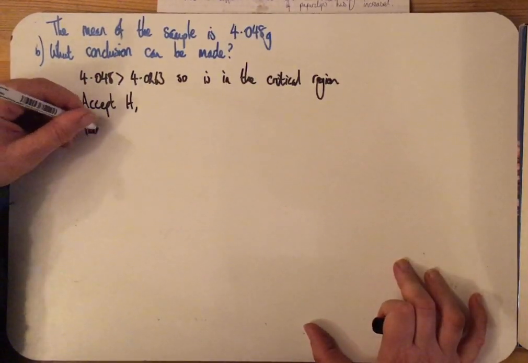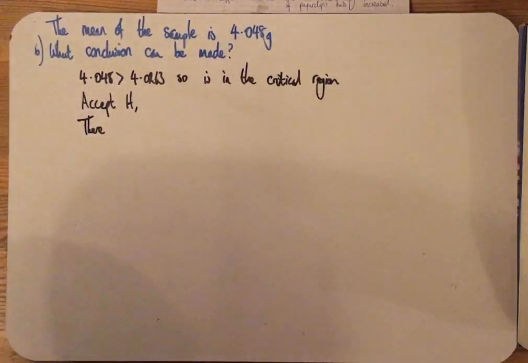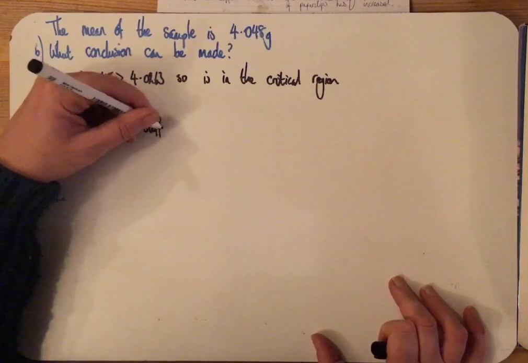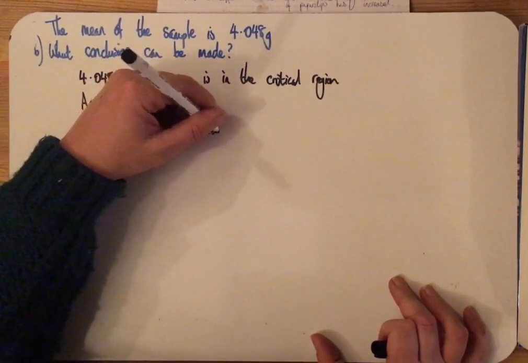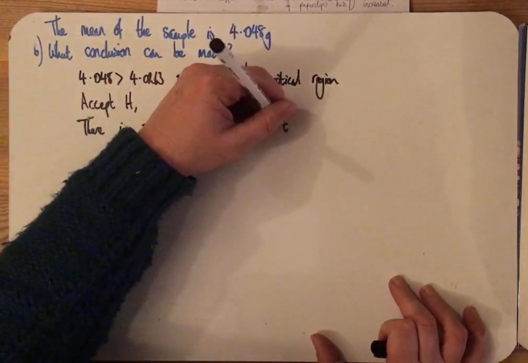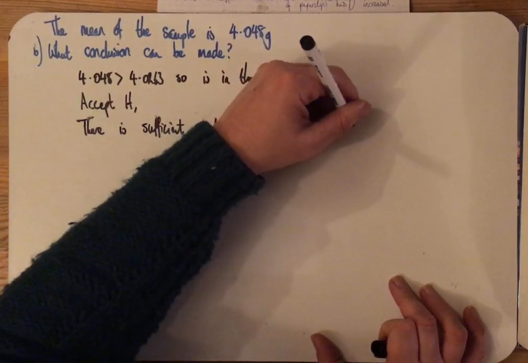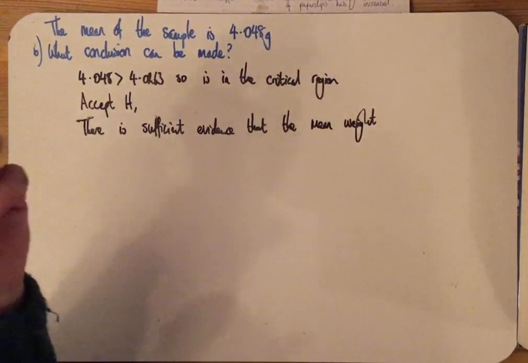Remember, with hypothesis testing, you don't actually say it's right or wrong, you're just collecting evidence. So there is sufficient evidence that, I know you're going to get really lazy about writing these conclusions, but if you don't do it on a test or an exam, you will lose a mark, guaranteed.